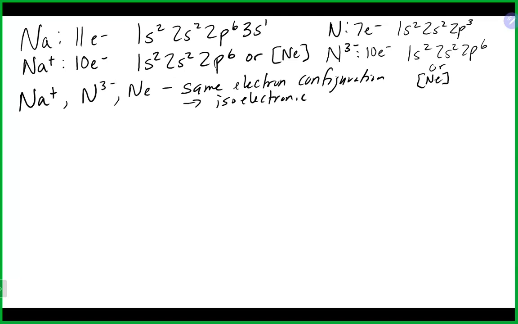So things that are isoelectronic have the same electron configuration. When sodium lost an electron, it ended up with the same electron configuration as neon, which is a noble gas. When nitrogen gained 3 electrons, it ended up with the same electron configuration as neon, a noble gas.